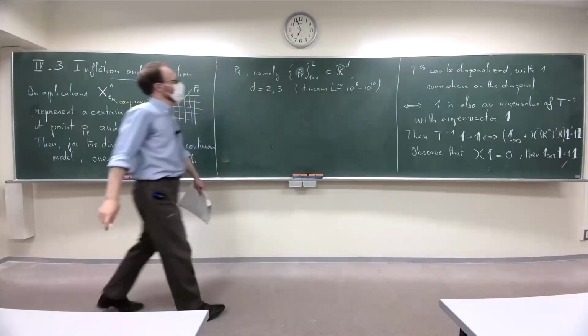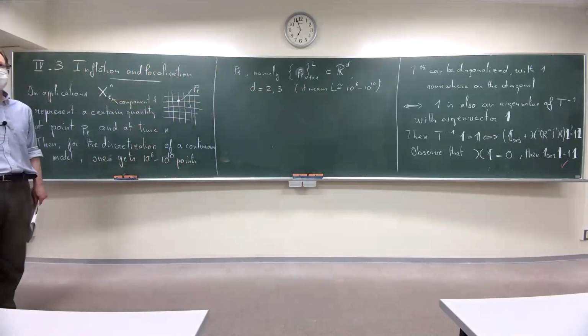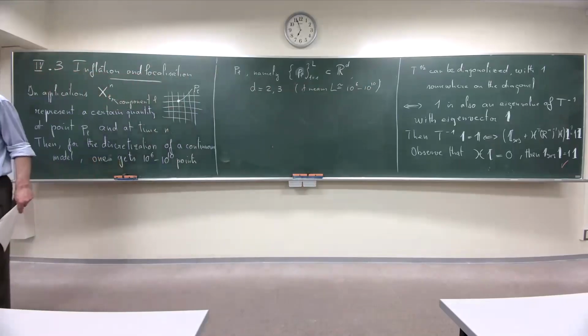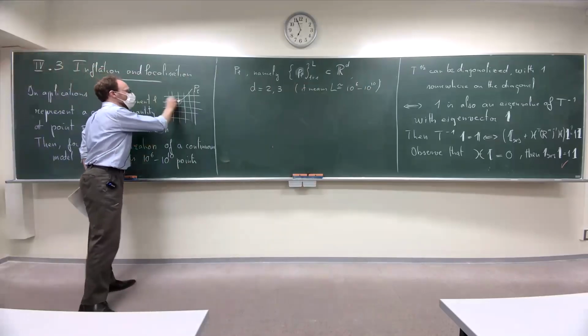Now, what is the relation with capital N we started with? At every point, you might measure the temperature, the pressure, the direction of wind. So you might have more than one information.